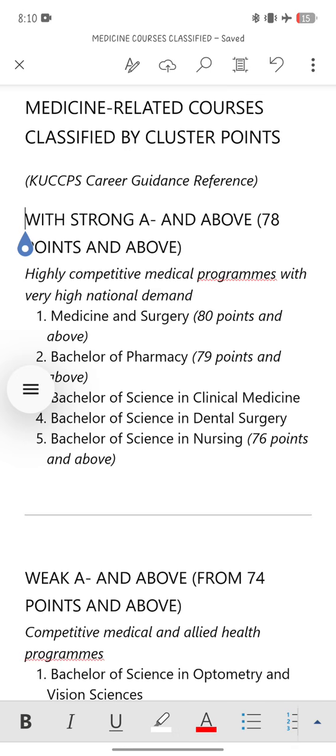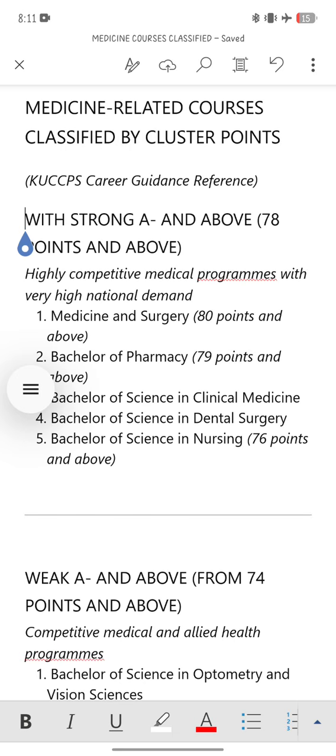So this is an overview of what is going to happen, because I will not narrow down to specific students, but generally in terms of cluster points, this is what happens. We have these competitive courses. Remember, previously I've talked about subject requirements and what you're supposed to have in terms of subjects for you to qualify to do a certain course.